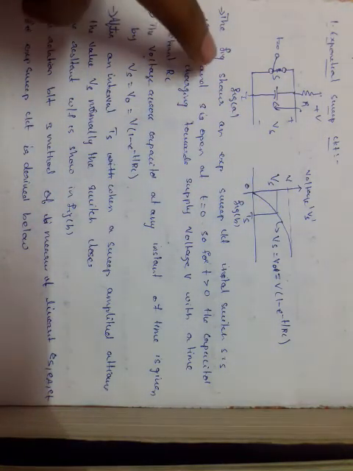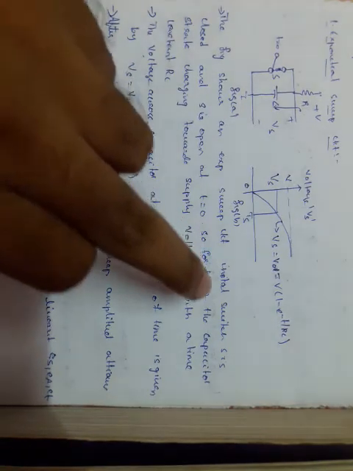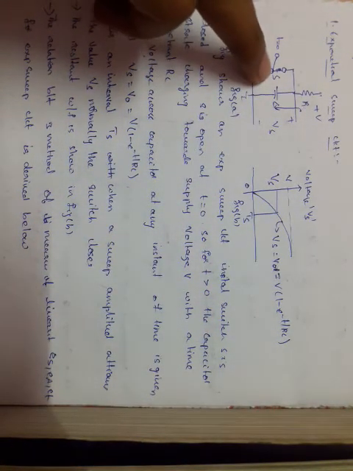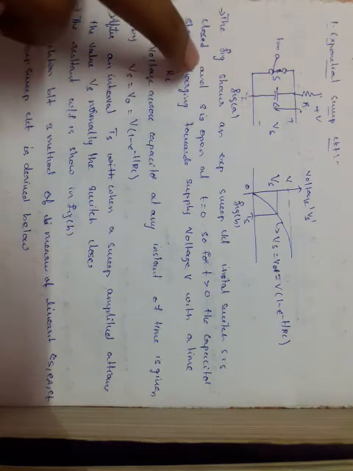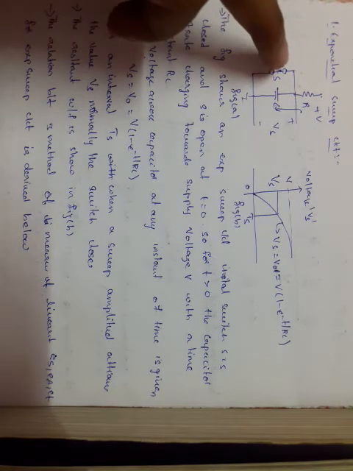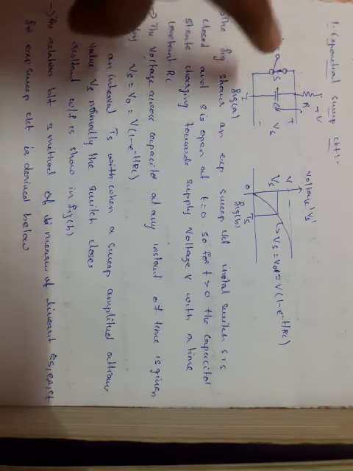In figure A, we have shown the exponential sweep circuit. Initially the switch S is closed, and S is opened at time t equal to 0. That means at the initial time level the switch S will be open. It may be 0.1 second or 1 second or 1 minute.